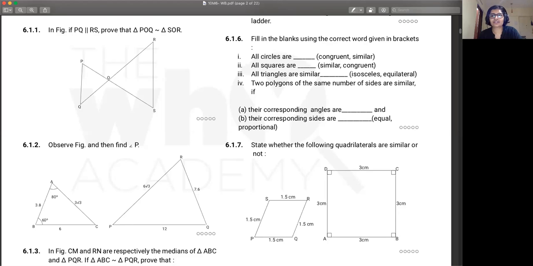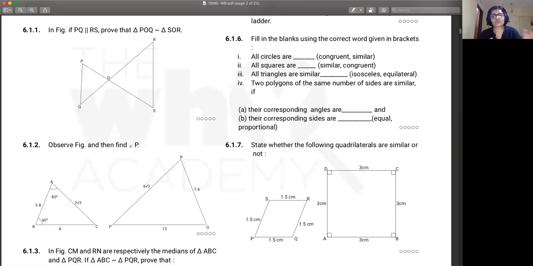Next goes to Anshika. So Anshika, yeah, all circles are congruent. So what's the difference between congruent and similar? Like congruency, similarity में difference क्या है? Congruent means in a shape everything is equal, and similar, they are in the same proportion.